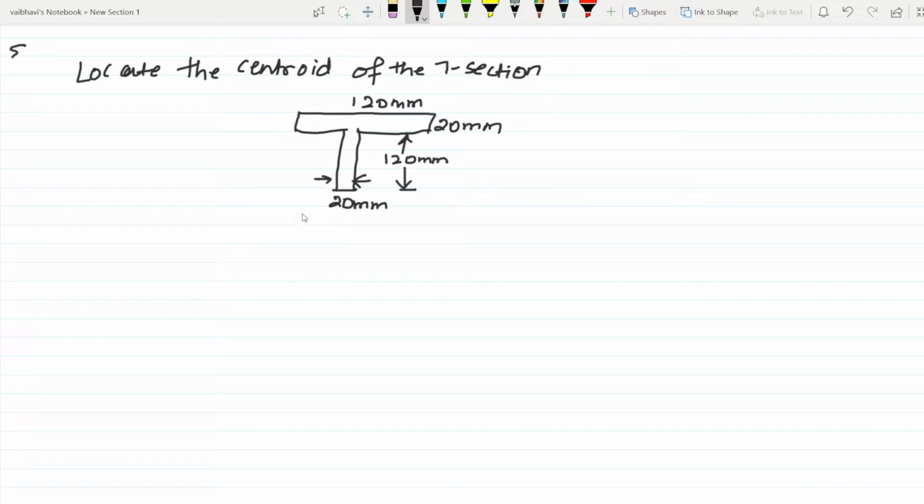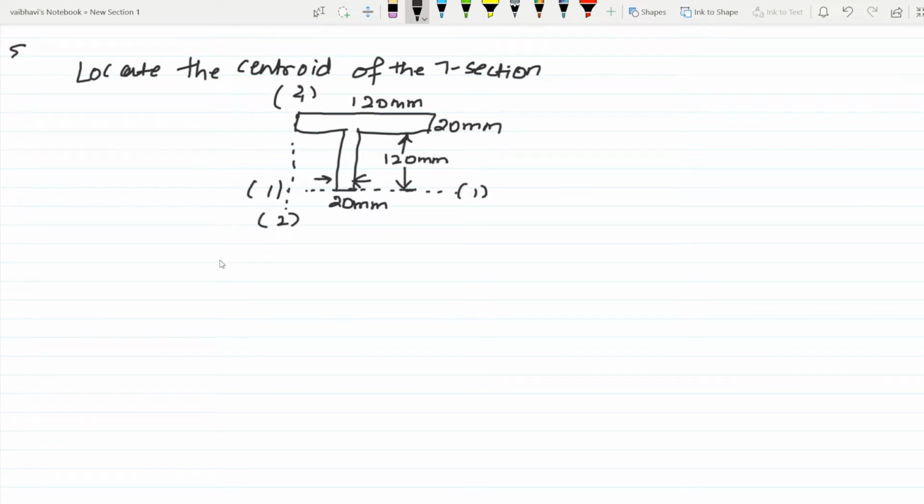The first one is reference axis 1 and another one is reference axis 2. So these are the two reference axes.